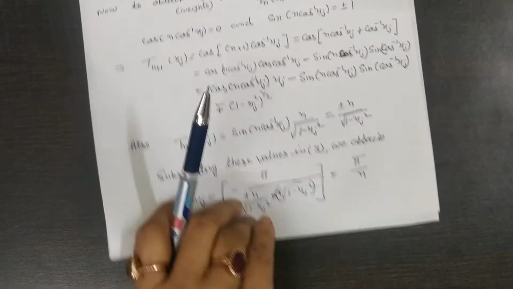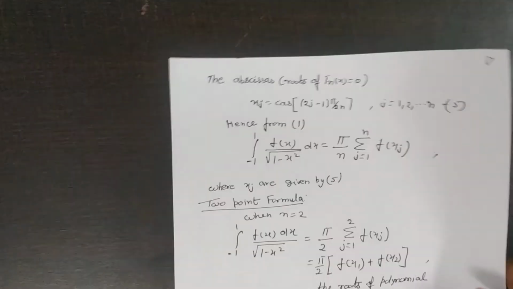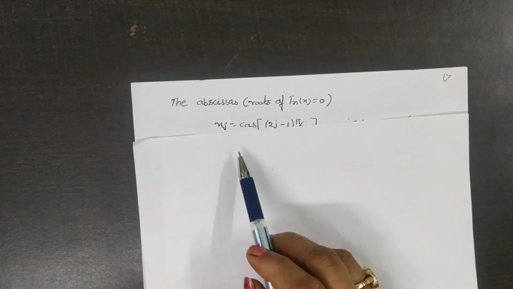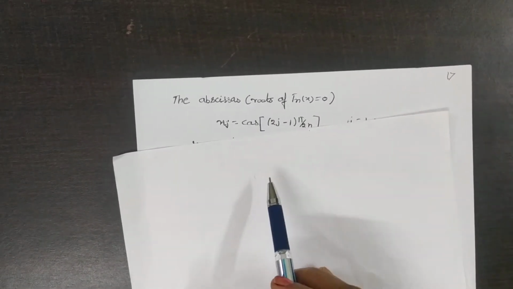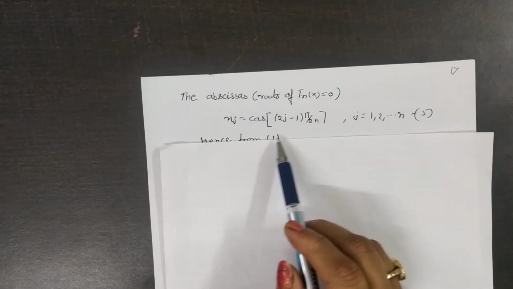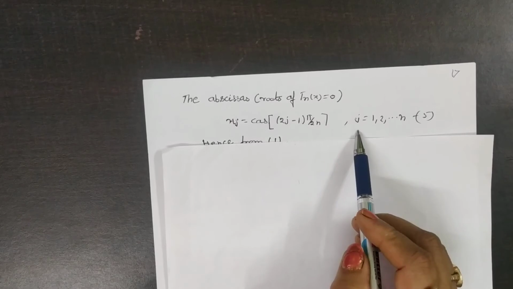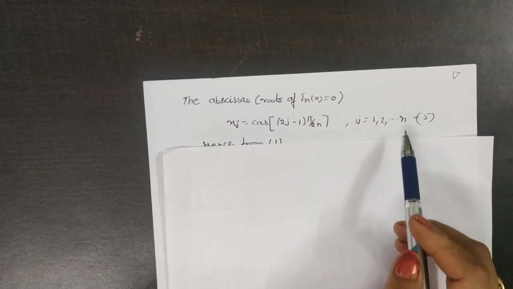Okay, now next, the abscissas are the roots of Tn(x) equal to 0, so xj is equal to cos of (2j minus 1) pi by 2n, j varying from 1 to n, equation number 5.